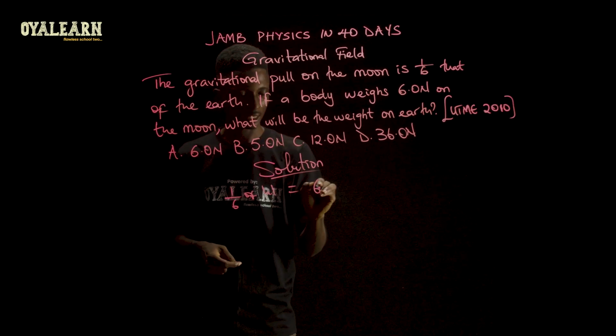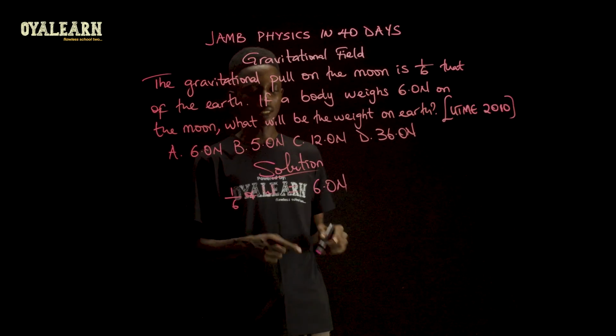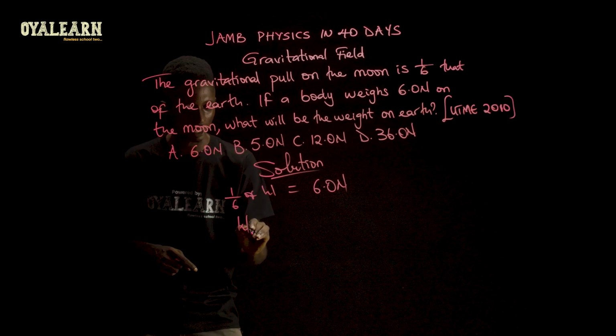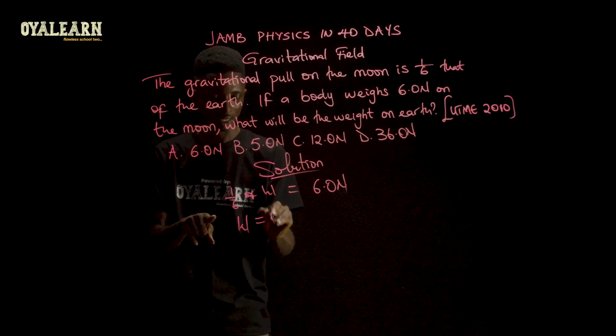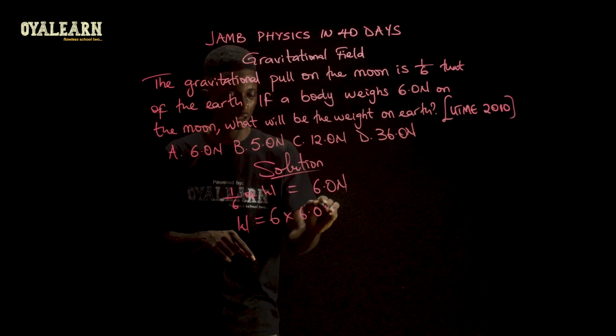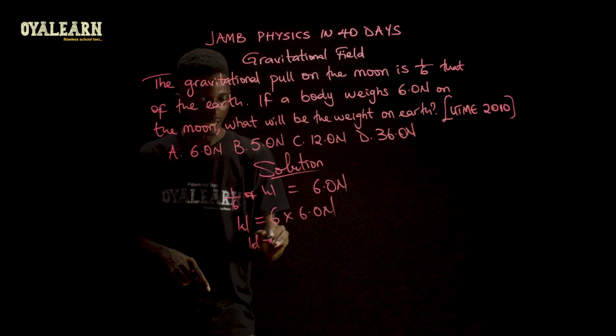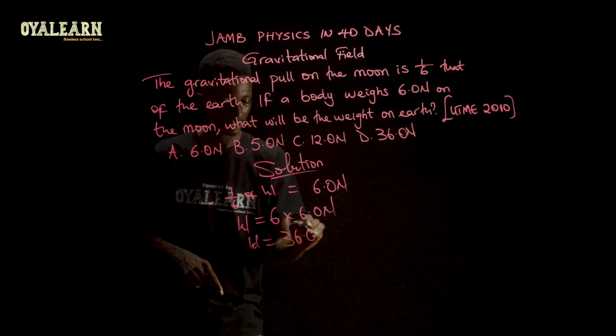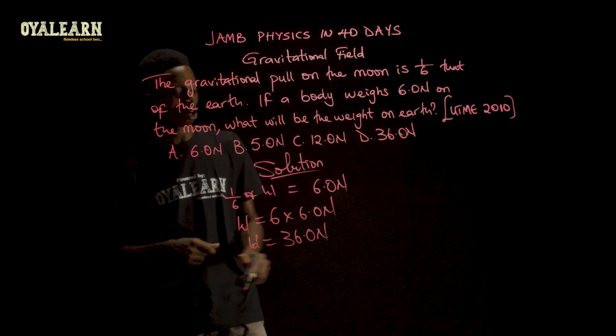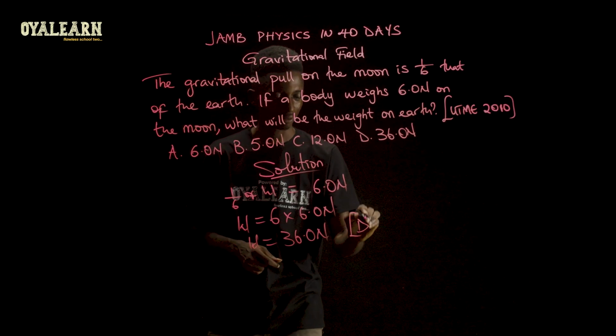So that will be 6.0 Newton. So from here, we can then say the weight on Earth, W, therefore becomes 6 multiplied by 6.0 Newton. And that will give us 36.0 Newton. So the correct option is D.